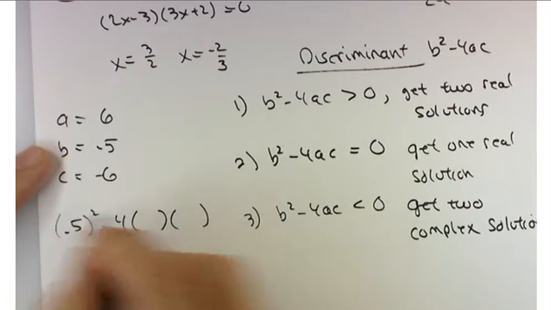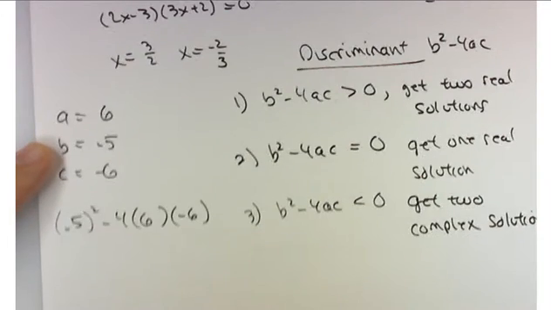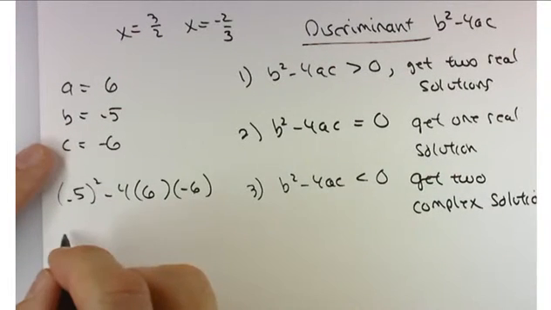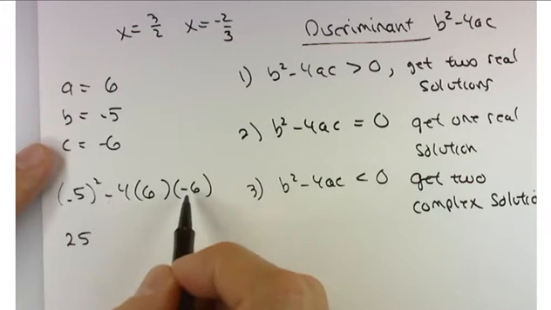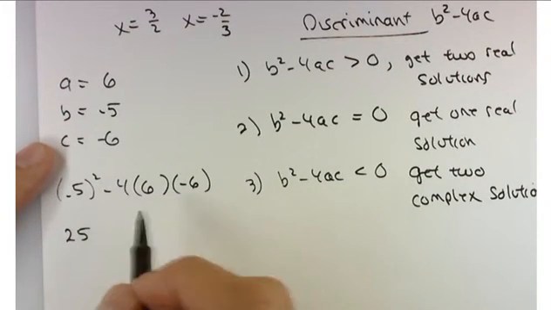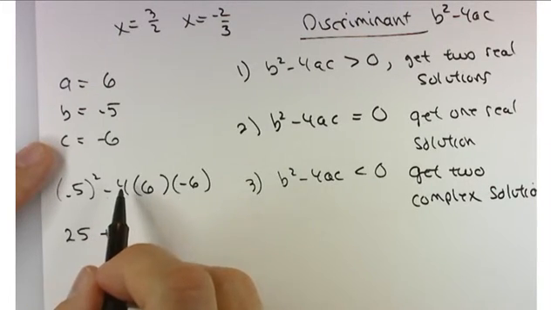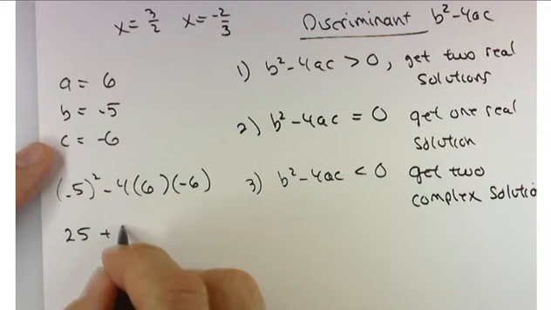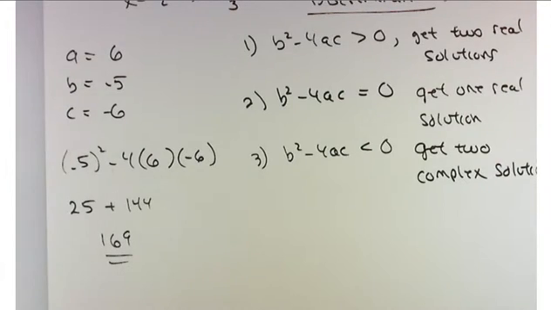Negative 5 squared minus 4 times 6 times negative 6. So that's going to be 25. A minus times a plus times a minus. What sign is going to go between these two? Plus. So 24 times 6 would be 144. So I get 169.